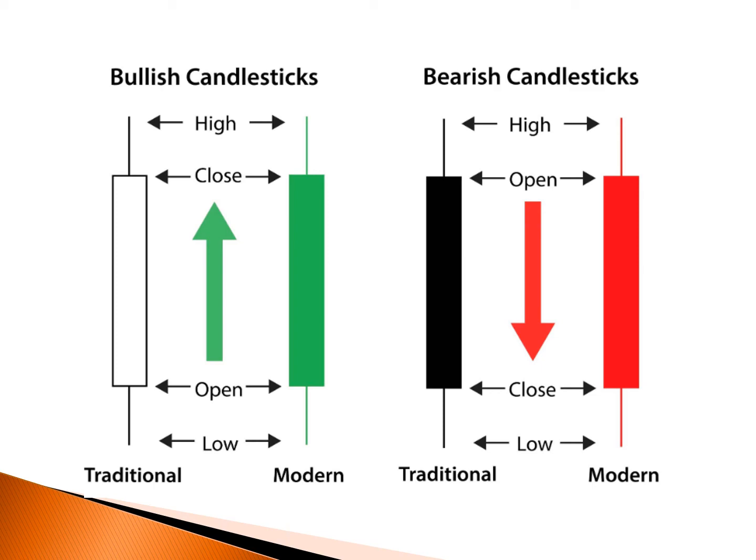If you have a very long green candlestick, they call it a bullish engulfing candle. It's very bullish, so it's a good indication that the next candlestick will be green. And if you have a very long red candlestick, that's a bearish engulfing candle, and more than likely the next candlestick will be red. It will probably continue on.